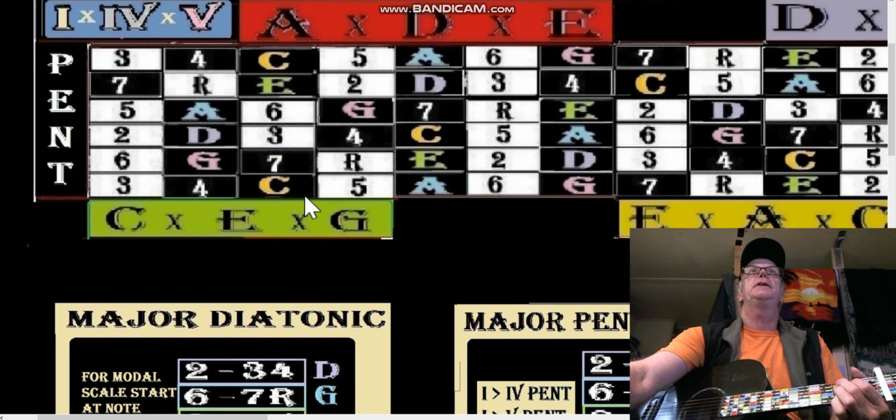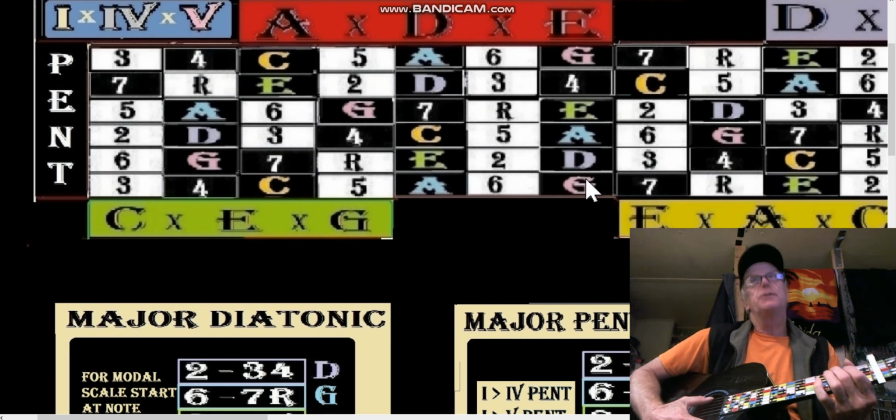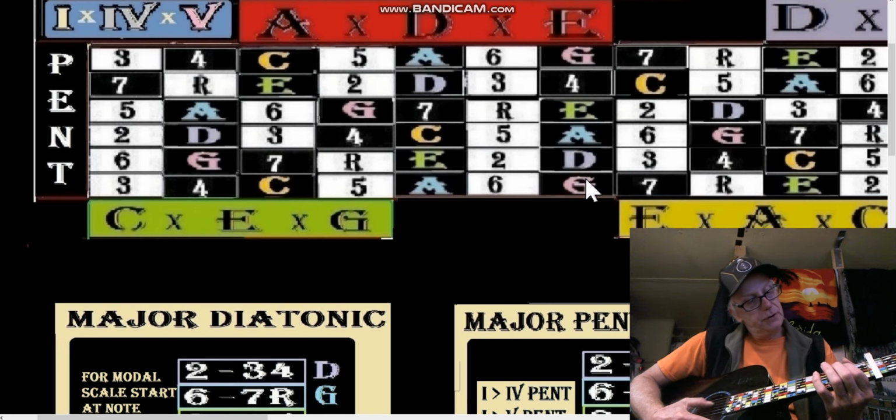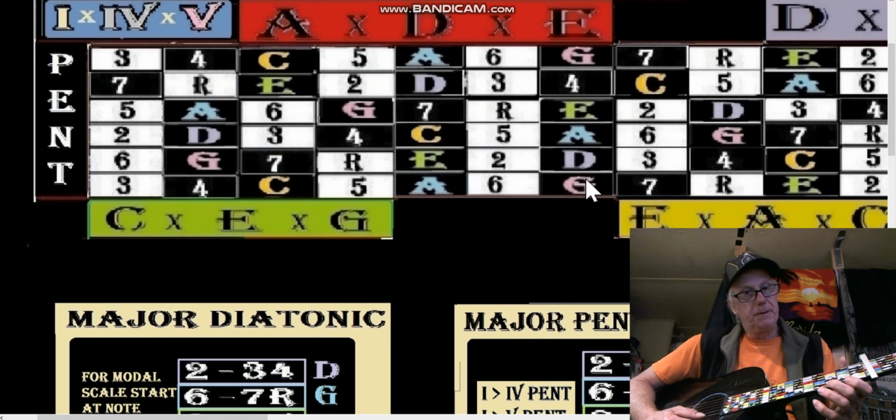Well, look at the G, look at the C, and look at the G. The G's the fifth of the C, so we're going to play the fifth string shape pentatonic at that point. So it's going to be 6, root, 2, 3, 5, 6, root, 2, 3, 5, 6, root.